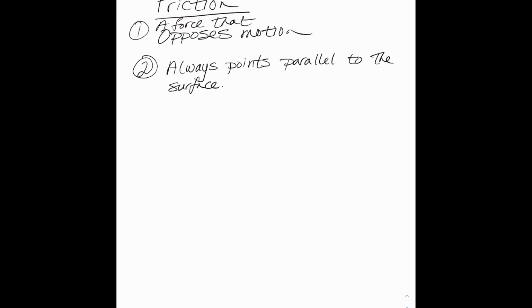This gets at the idea that surfaces aren't completely smooth. Even when we have a really smooth surface, if we look at the microscopic level, we see that it's quite rough. And these interactions between two surfaces produce friction, produce resistance.